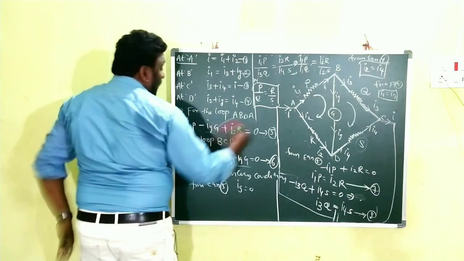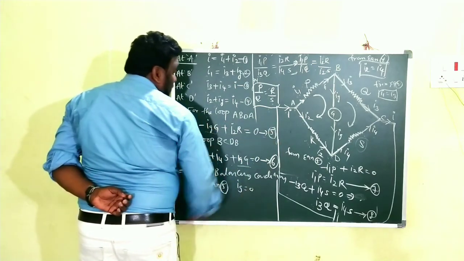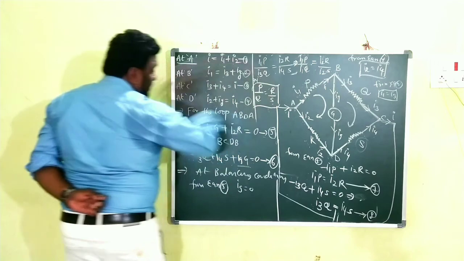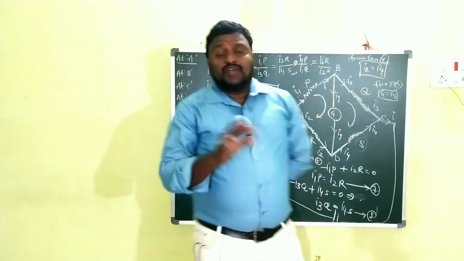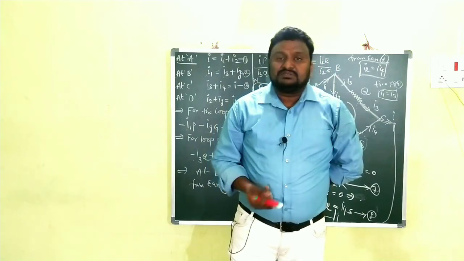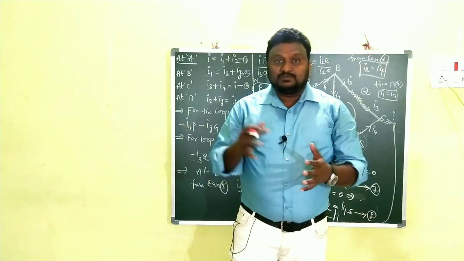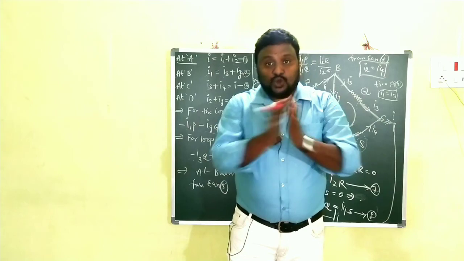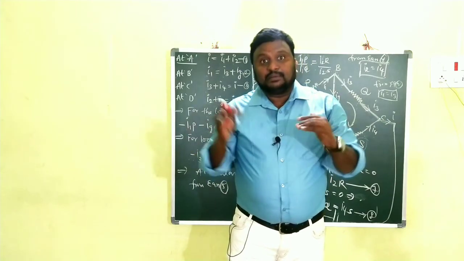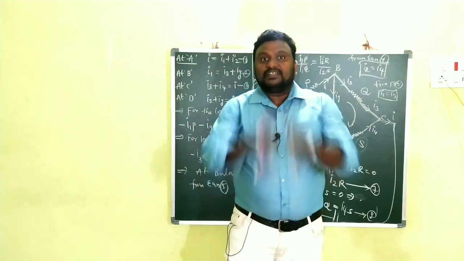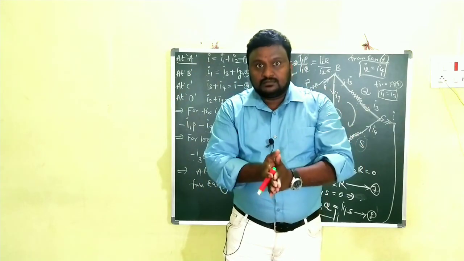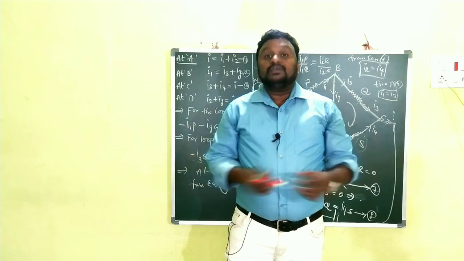So in this way, we have to apply Kirchhoff's second law to both loops as shown in the figure. This is the second part. And third part here, we have to take the balancing condition. What is meant by the balancing condition? When current passes through the circuit, if there is no current through the galvanometer, then the bridge is said to be balanced.